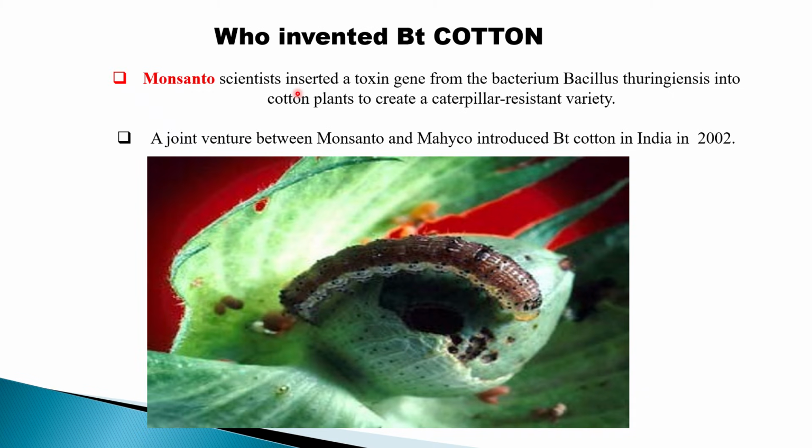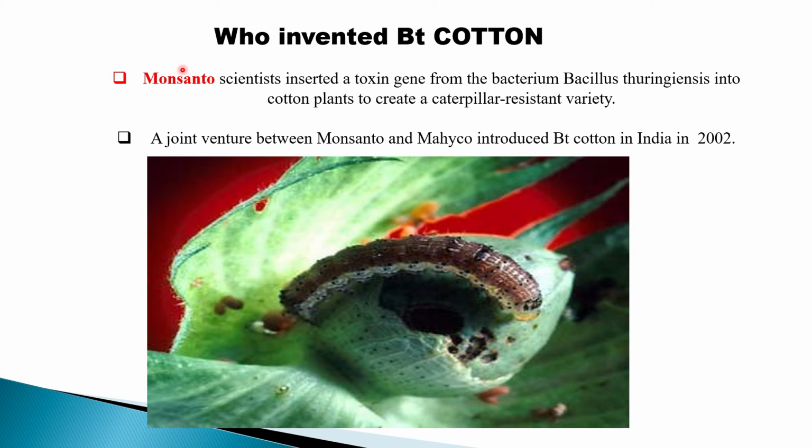So who invented it, and how was it produced initially? This is an important line because in exams it was asked which company produced BT cotton, which company produced Flavr Savr tomato, which company produced even golden rice. These are the questions which continuously come in different types of agriculture exams.